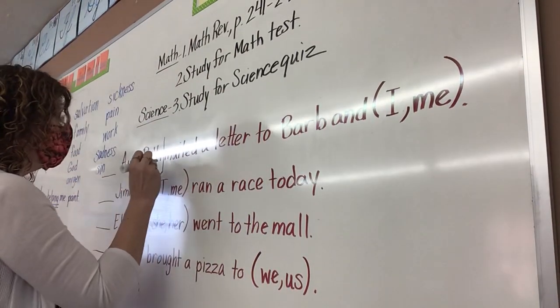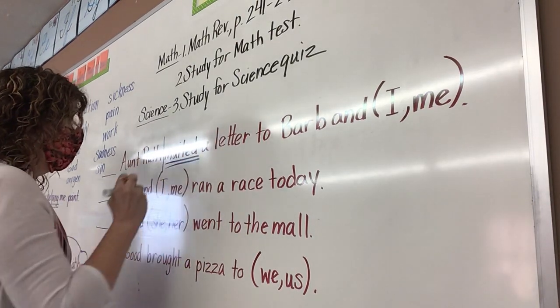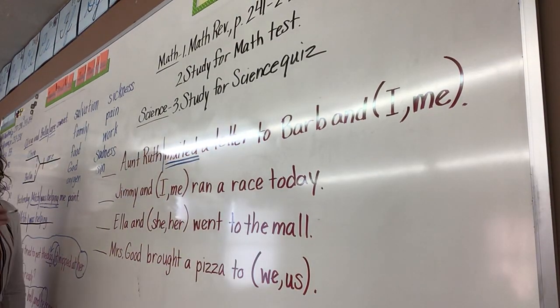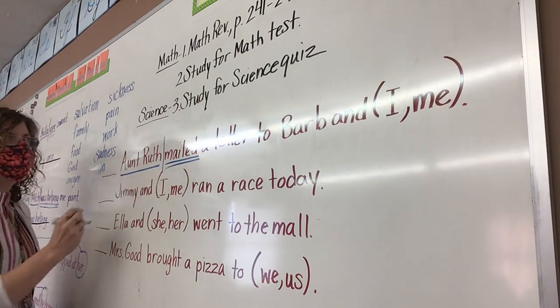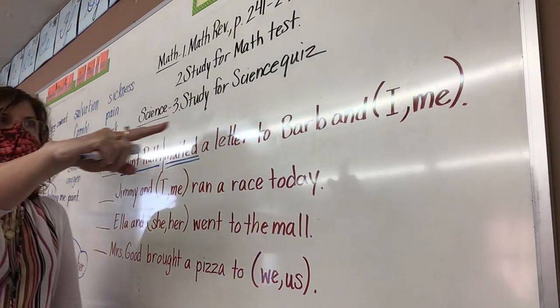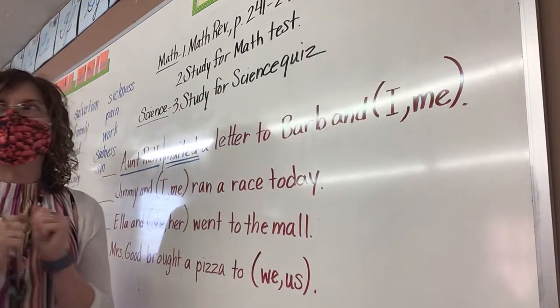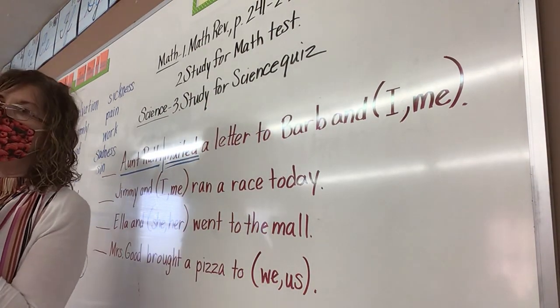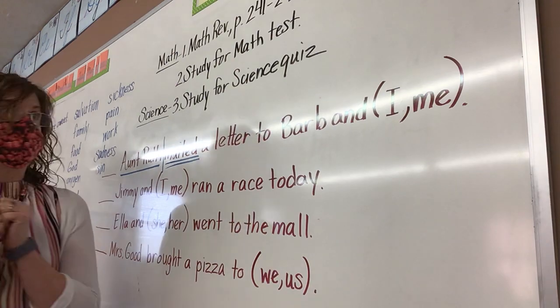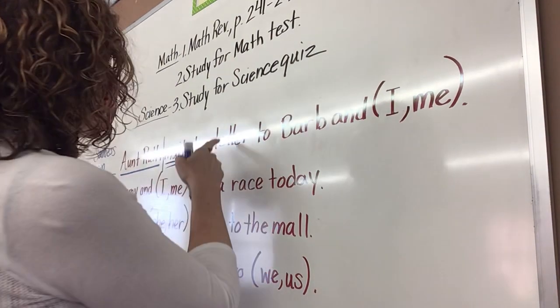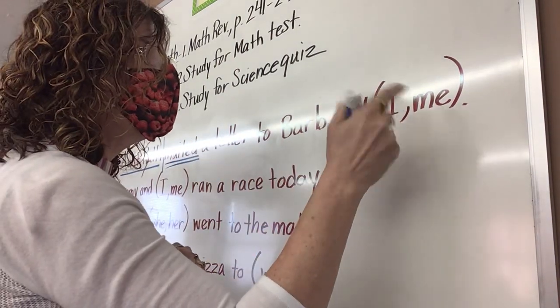Mailed, just like we do for diagramming. Who mailed? Aunt Ruth. Aunt Ruth mailed. All right, so our choice of pronouns was down here. So is it on the subject side of the sentence or the predicate side? Predicate. So which one are we going to choose? Me. Yes, Aunt Ruth mailed a letter to me.